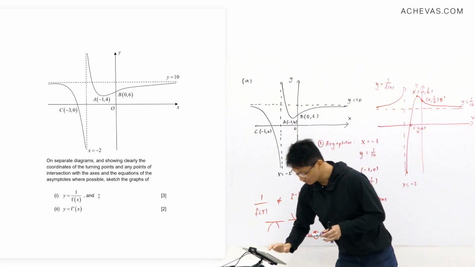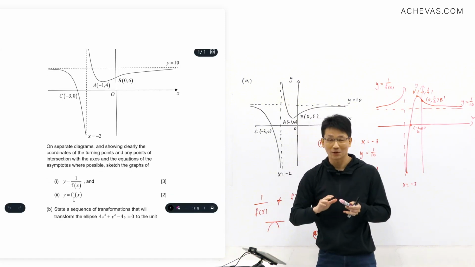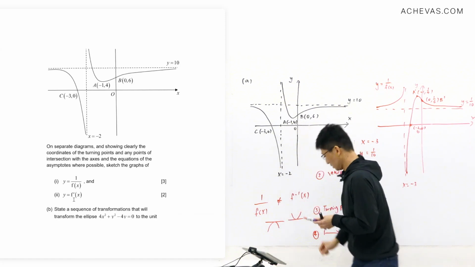Right, so let's move on to the next part of the question, which says you are supposed to draw the graph of y equal to f prime x, which is the gradient curve.